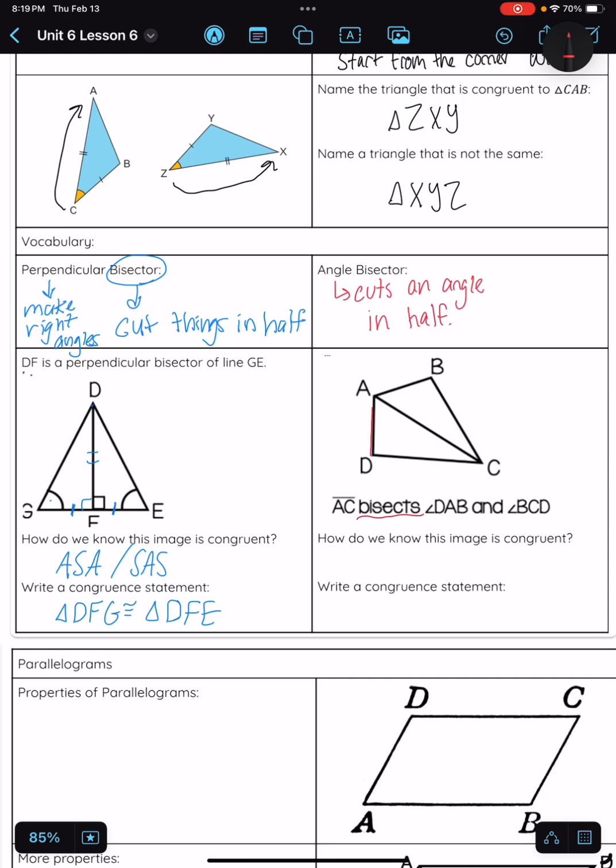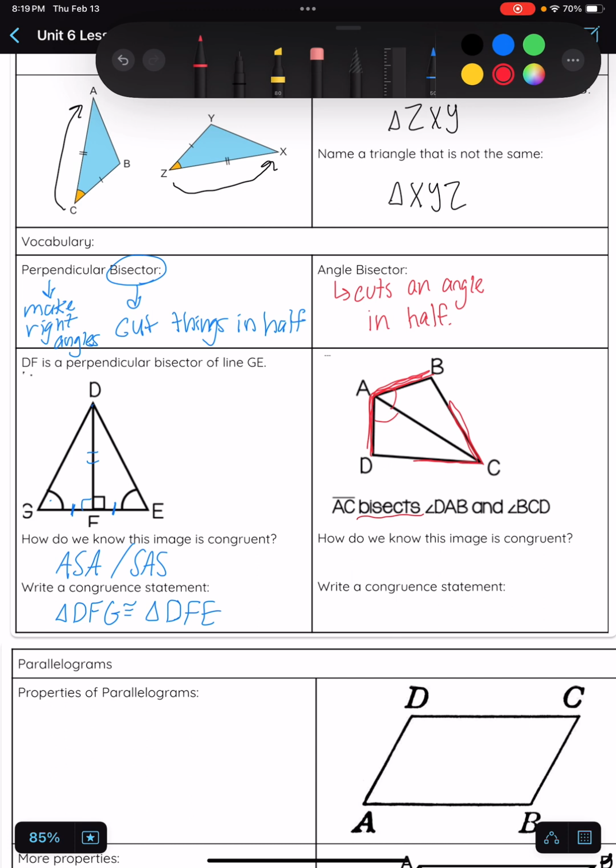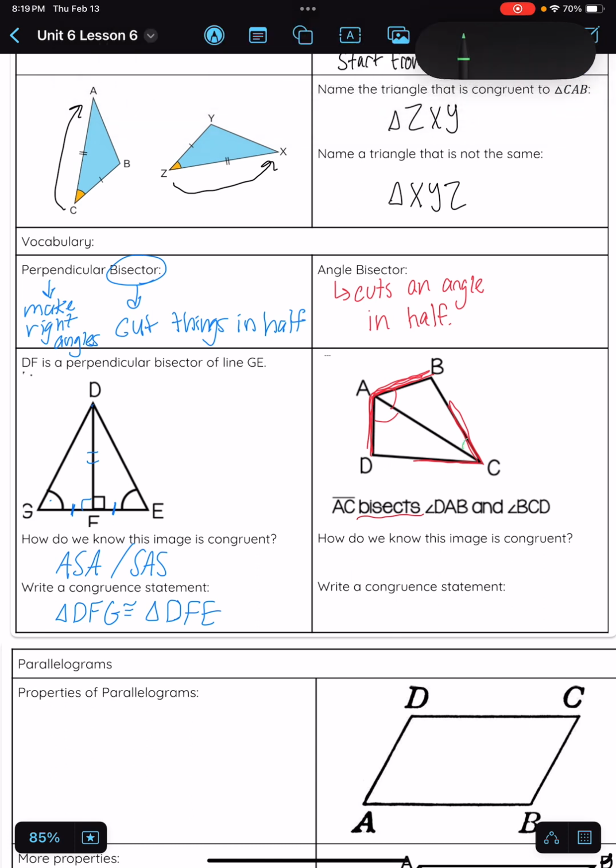DAB is this angle right here. And it bisects BCD, this lower angle. So let's draw in some marks. That means this angle is the same as this angle, and this angle is the same as this angle.